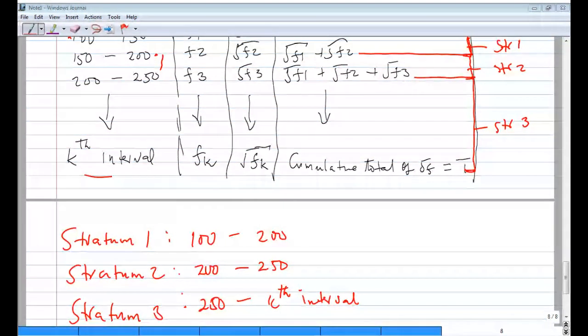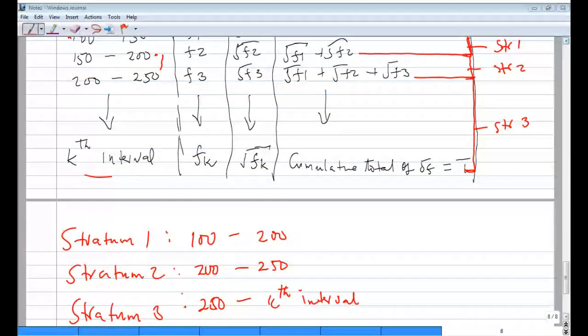So here we have the example. Stratum 1, isn't it 100 to 150? You said in stratum number 1, it was supposed to be 100 to 150. That's what you're saying.